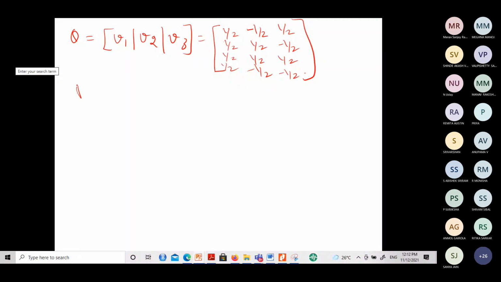So R is the inner product of U1 with Q1, U2 with Q1, U3 with Q1.